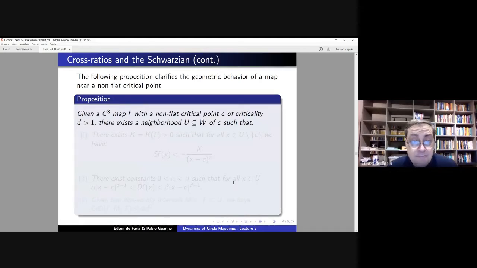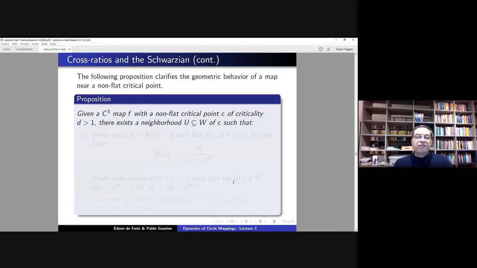If it's C3 and it has a non-flat critical point. So suppose you have a C3 map and it has a certain non-flat critical point c. In this proposition, I'm not assuming that F is a homeomorphism by any means. It could be an endomorphism of a circle.